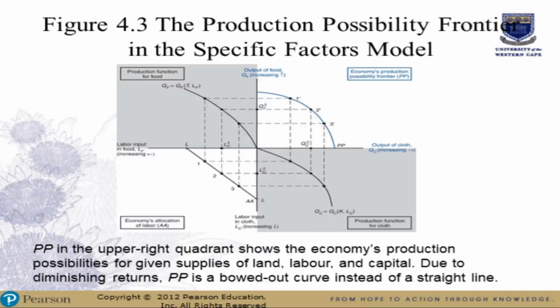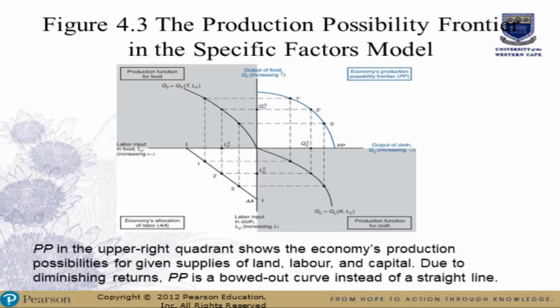The upper left quadrant shows the production function for food. Just like what we did with figure 4.1, this figure is also flipped around so that a movement to the left along the horizontal axis indicates an increase in labor input to the food sector, whilst an upward movement along the vertical axis indicates an increase in food output.